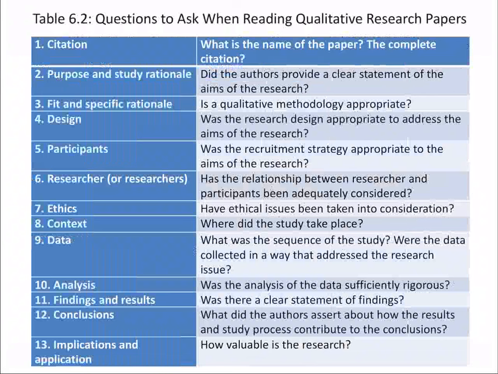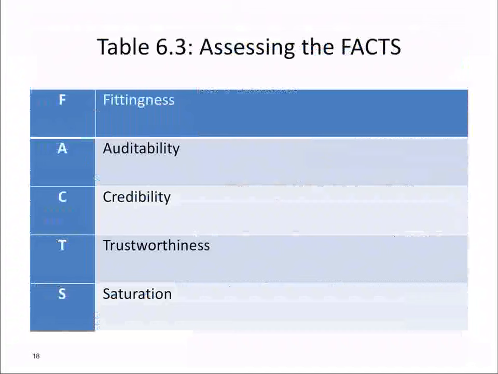This template is important because you're going to use the same template to do your first assignment. If you go through the table, it goes step by step as to how you would assess the research paper itself. Table 6.3 provides you information regarding an acronym called the FACTS, and this allows you to check credibility of the study itself.